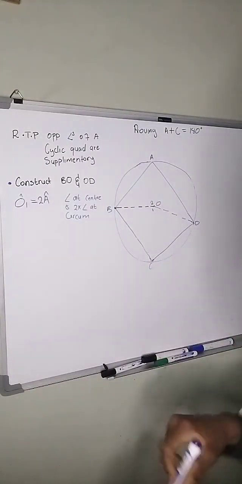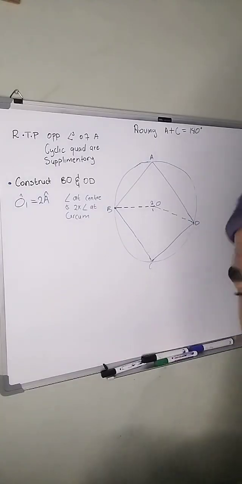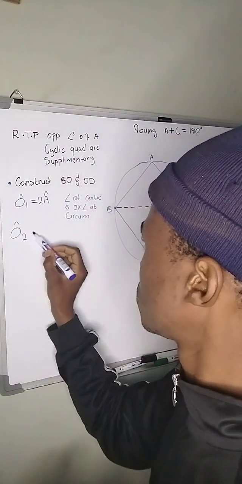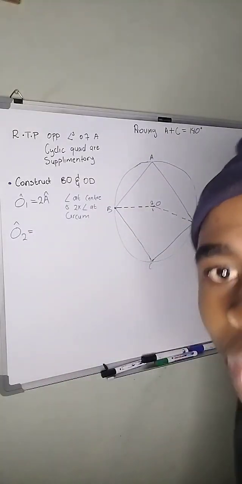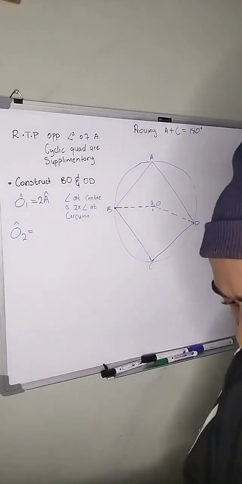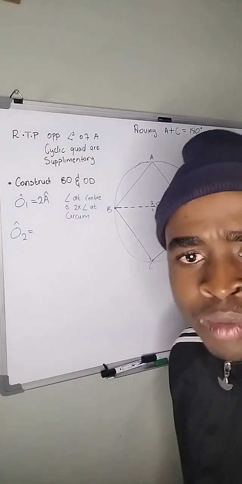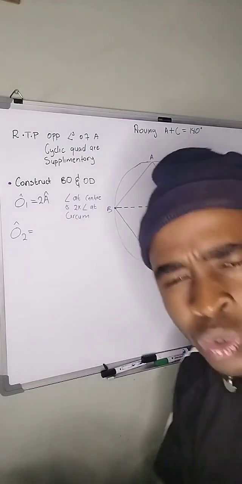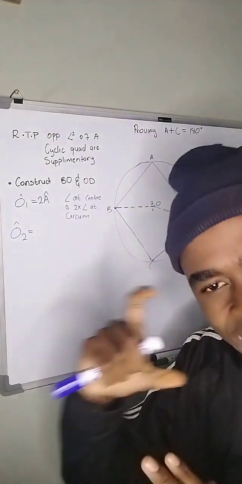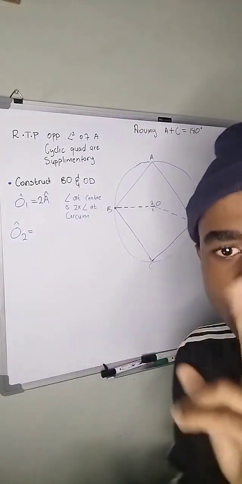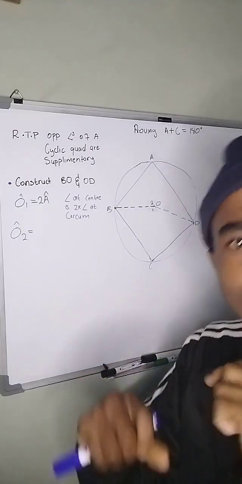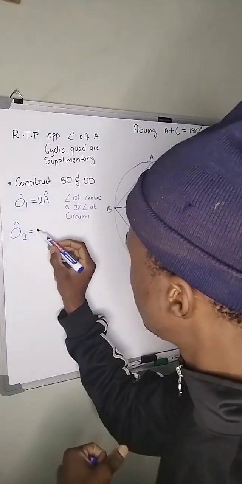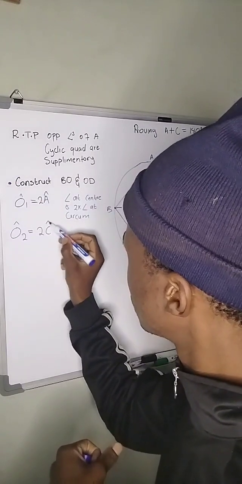So again, what is going to be our O2? Our O2 is going to be equal to what? Angle 2C, guys. Not only C. 2C. So O2 is going to be equal to 2C.